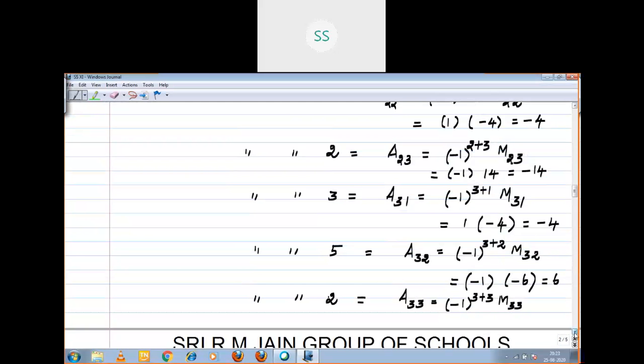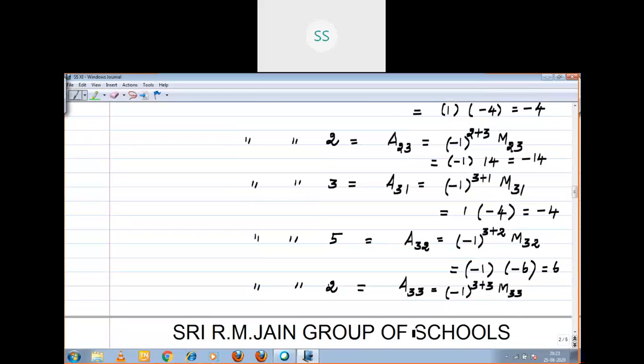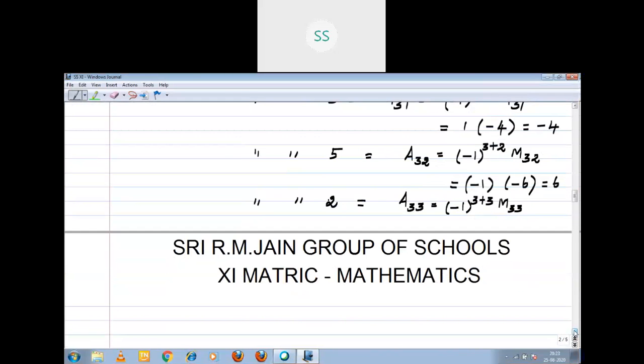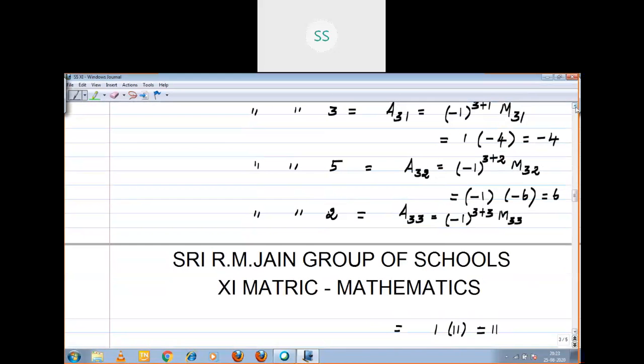Even integer, which is equal to 1. What is your M33? 11. So your answer is 11. Got it, children? Once again, I show you the minors.